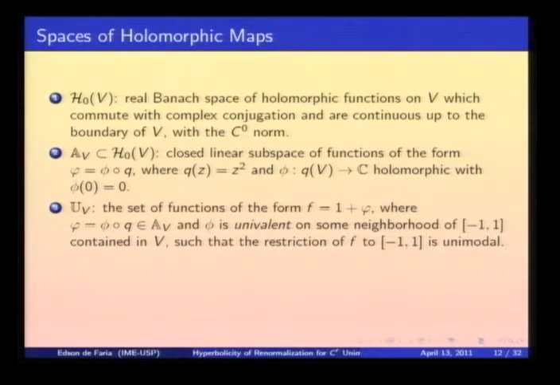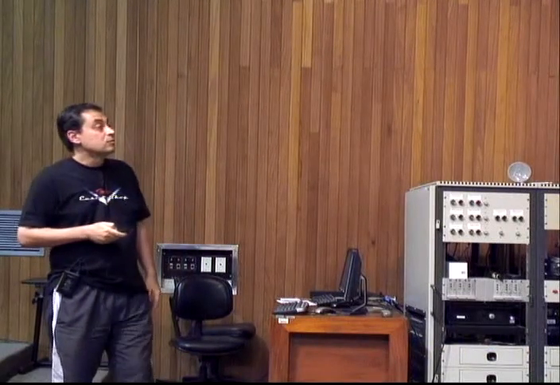And in fact you want more than that. These phi's factor through z goes to z squared. You want this thing here, this guy who comes here in front, to be a univalent map on some neighborhood of minus 1, 1, and in such a way that the restriction of F to minus 1, 1 is a unimodal map. Okay?